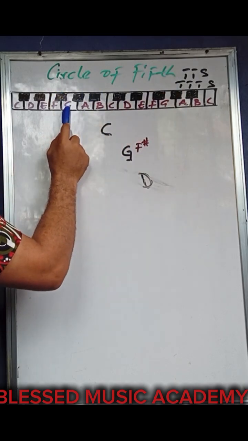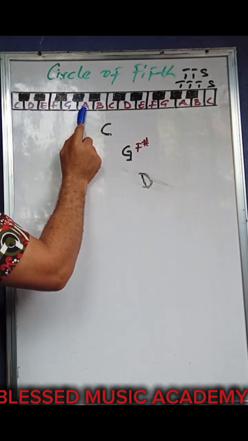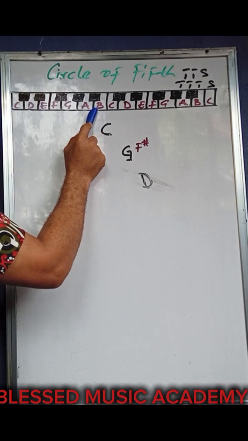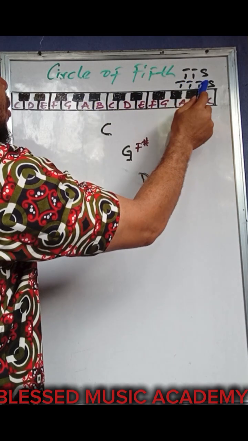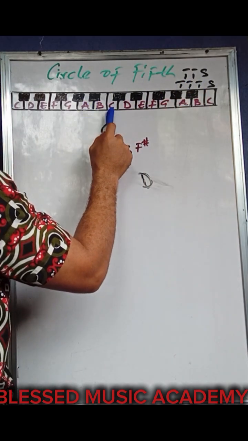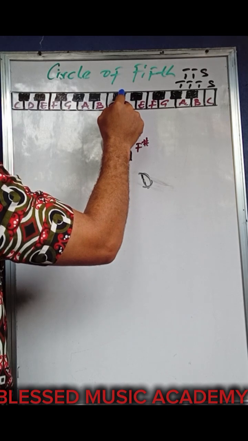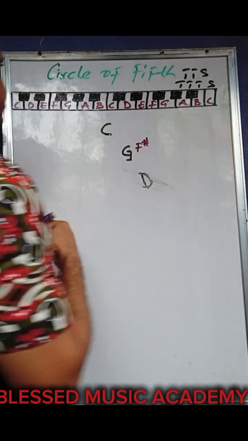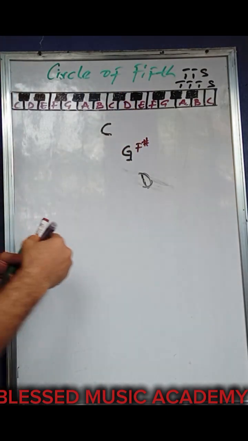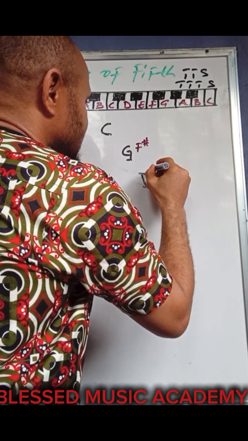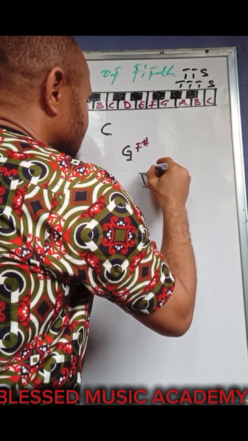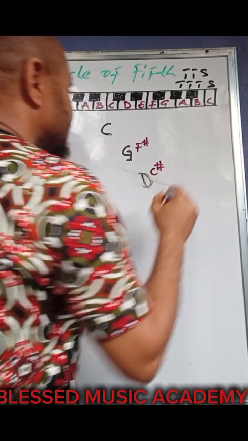F sharp to G is a semitone. G to A is a tone. A to B is a tone. So I've gotten 2 tones, remaining one tone. B to C is a semitone, so we move to C sharp, which means our C is sharpened, then back to D.